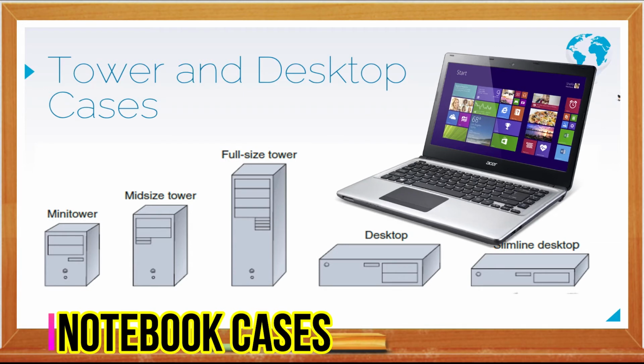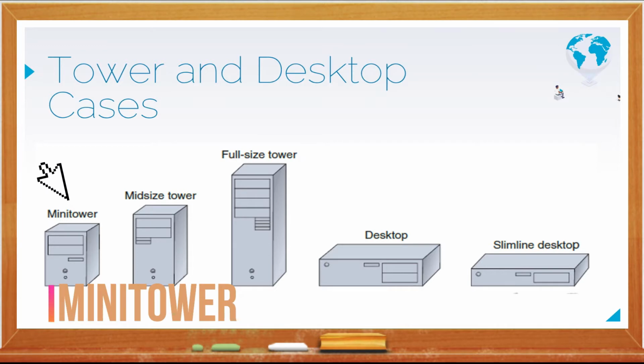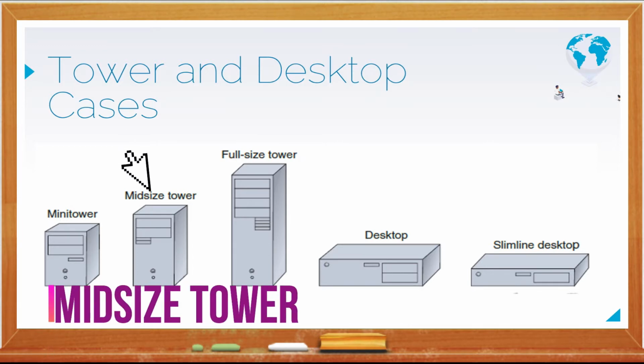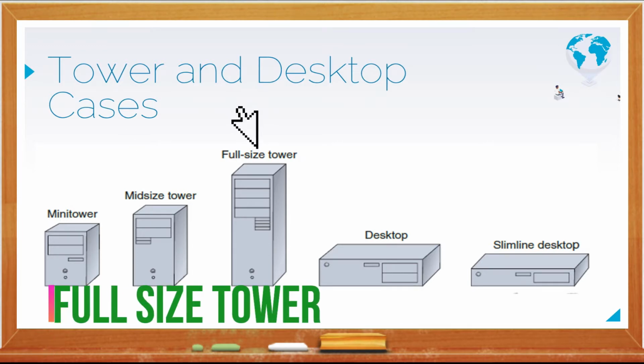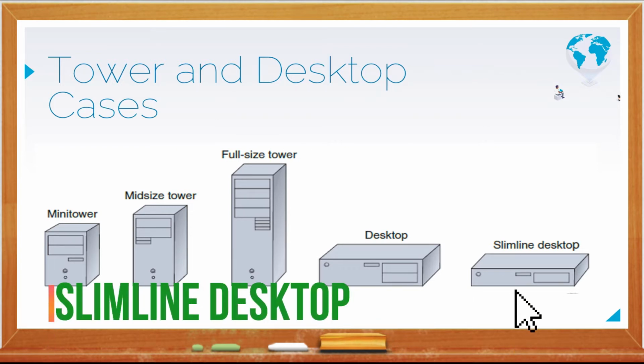The figure below shows examples of each of these three main tower cases as well as the two desktop cases. So we have here in our figure the tower and desktop cases. We have the mini tower, the mid-size tower, the full-size tower, the desktop, and the slim desktop.